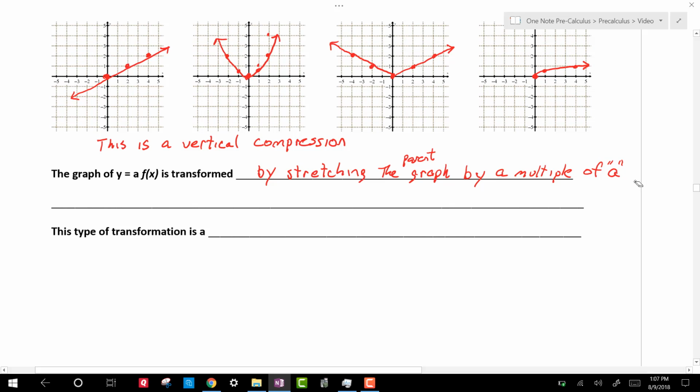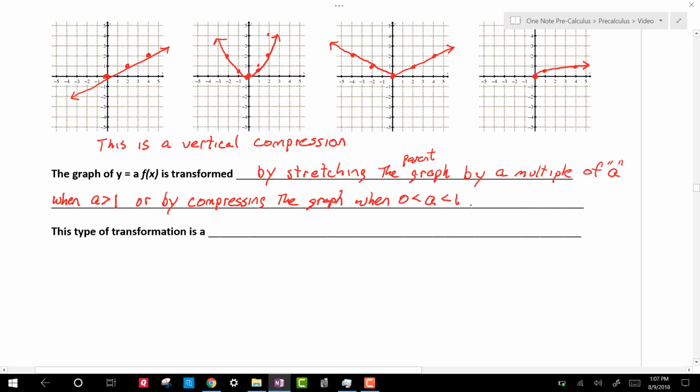By stretching the graph by a multiple of a when a is greater than 1, so if it's anything over 1, it's going to pull the points up, okay? Or by compressing the graph when a is less than 1 but greater than 0.